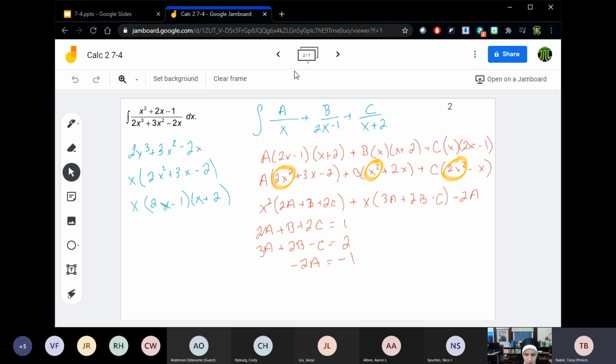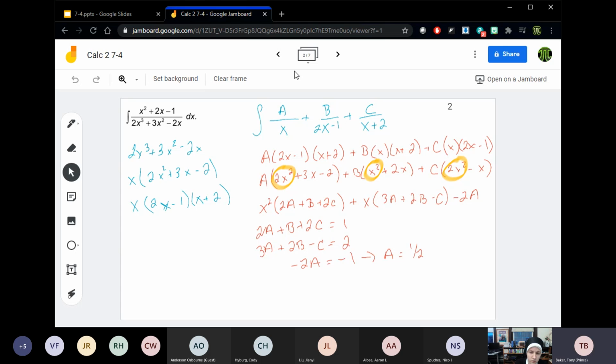So I can figure out A really quickly right now. A has to be 1/2, because if I divide both sides by -2, I get A. Since I now know A, I can plug that into the other two equations, so I just have the B and the C to work with.